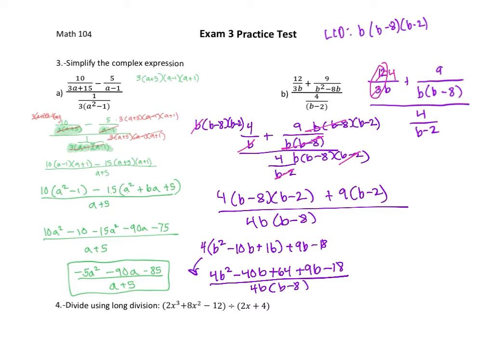And we get here 4b squared, and then we've got 40b plus 9b is minus 31b. And then 64 minus 18 is 46. All over 4b times b minus 8.